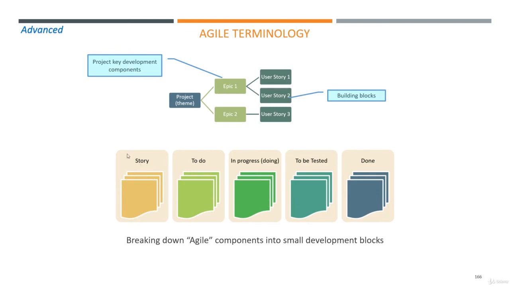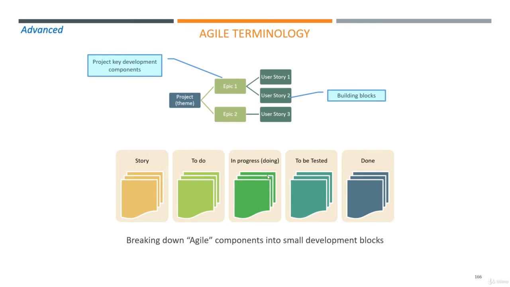And when you go to your daily scrums or daily meetings, what you can do is have the whiteboard broken down into 5 parts. One part where you have all your stories. You have one part where you have all the to-do, so it could be some work for a business analyst, for a developer, for a tester.